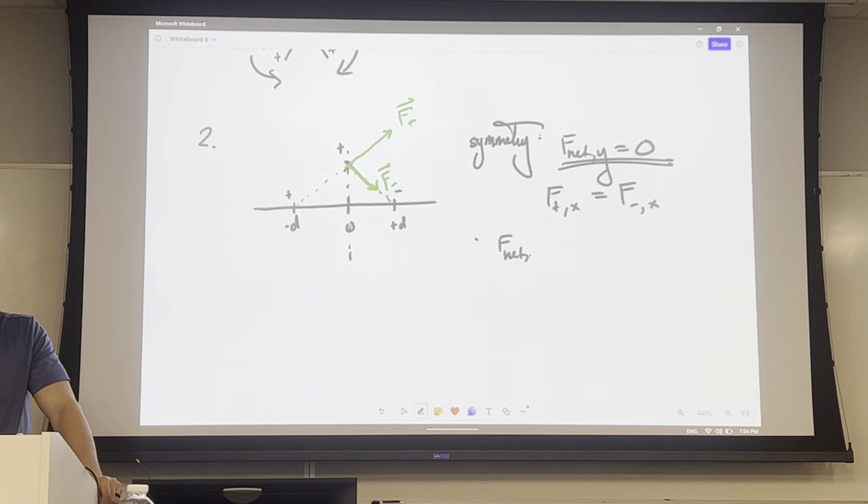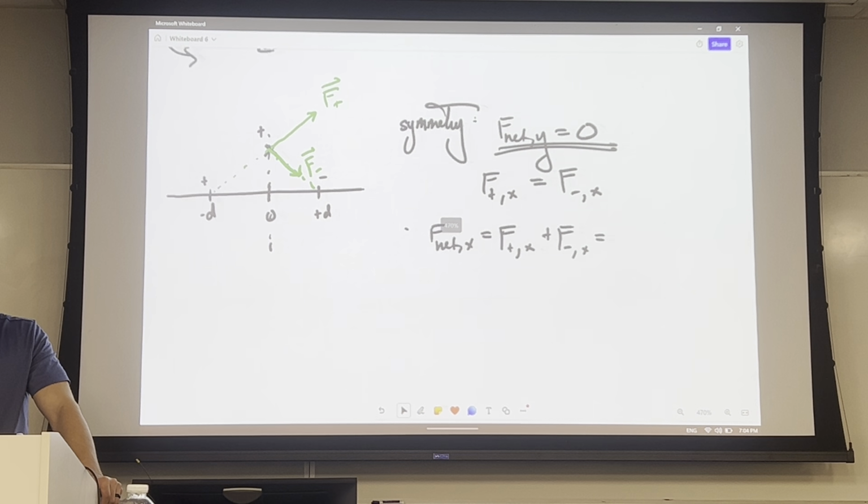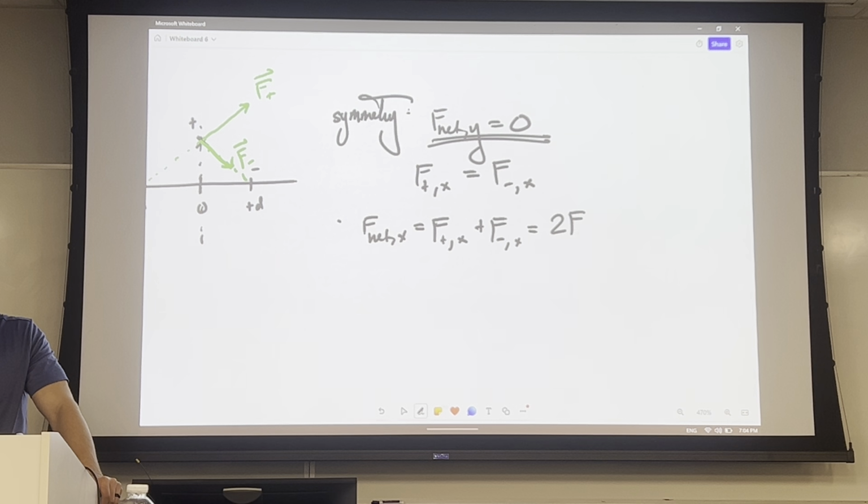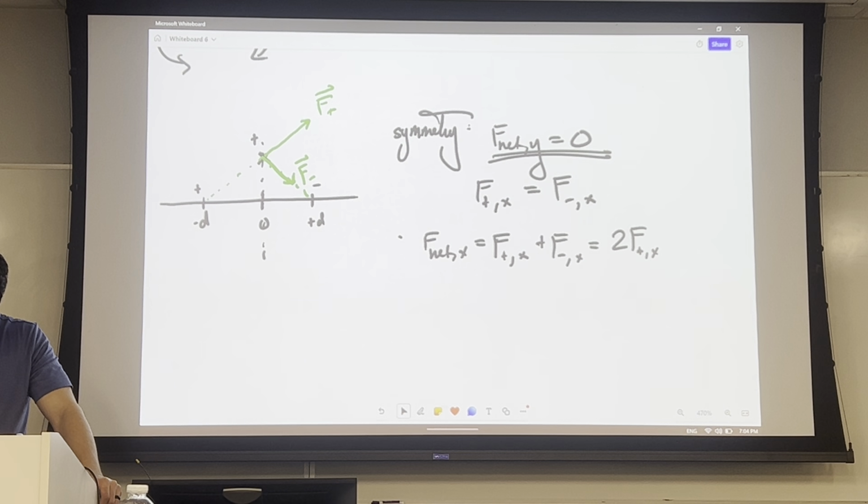And so the net force in the x direction is F positive charge in the x direction plus F negative charge in the x direction, or simply 2 times F positive in the x direction. So by that, we're trying to get this component. So that's theta. This would be the Fx.